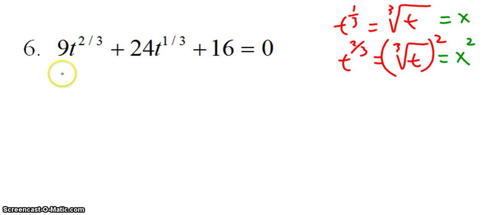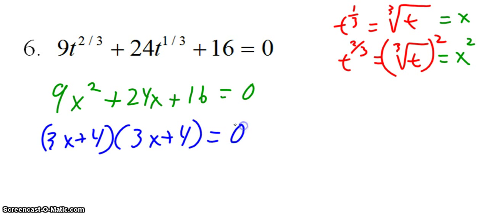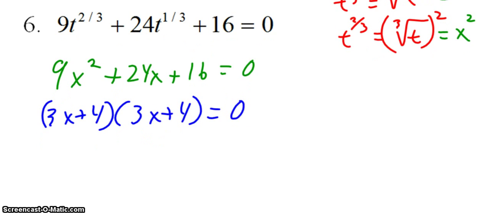So if you think about the problem 9x squared plus 24x plus 16 equals 0, we had a problem just like this in the very beginning. So we know that this factors into 3x plus 4 and 3x plus 4.